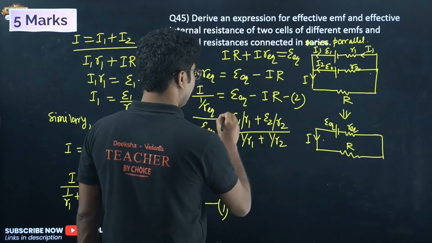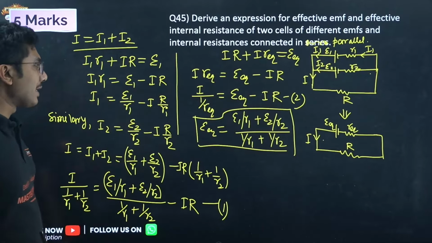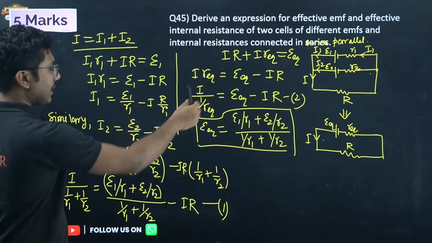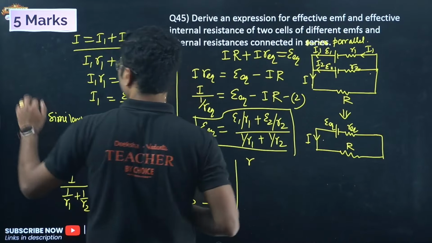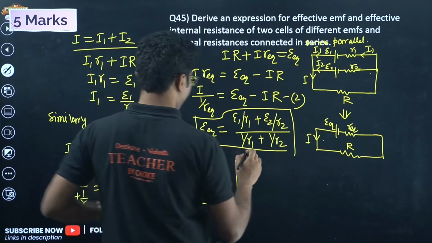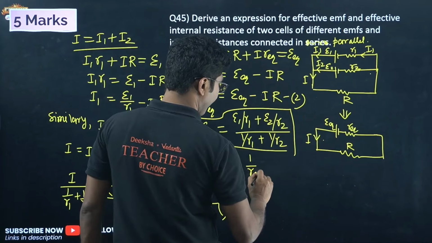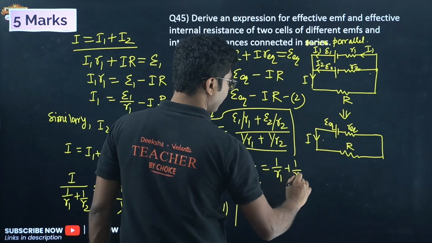So this is the entire epsilon equivalent. What about R equivalent? If you compare this one and this one, we will say that 1 by R equivalent is 1 by R1 plus 1 by R2.